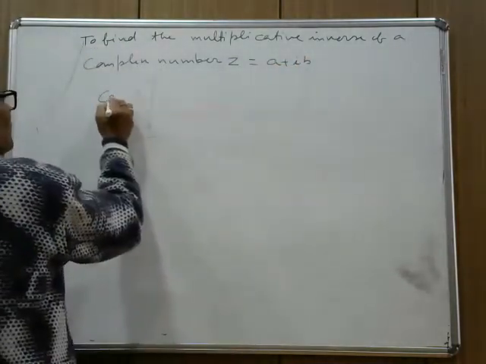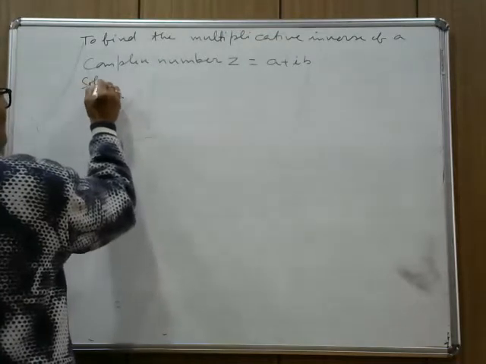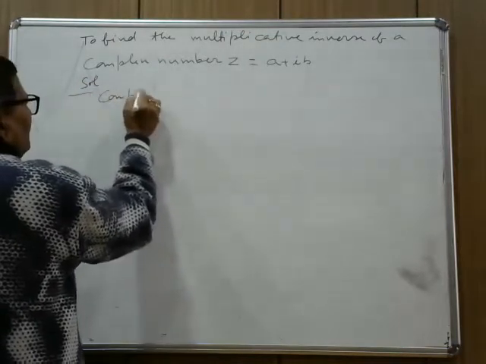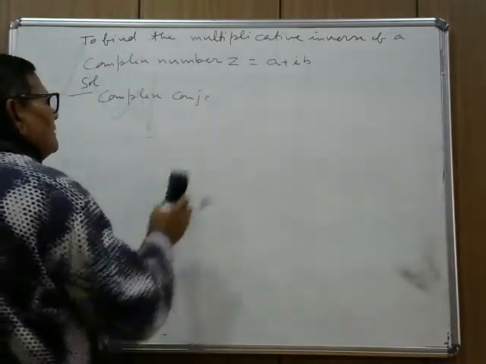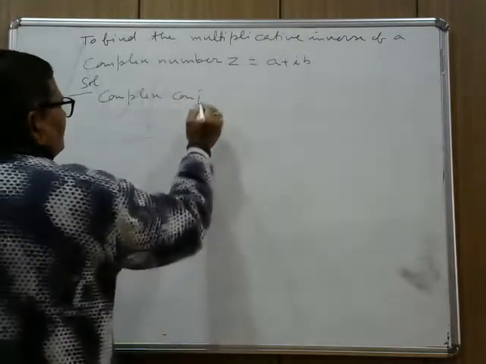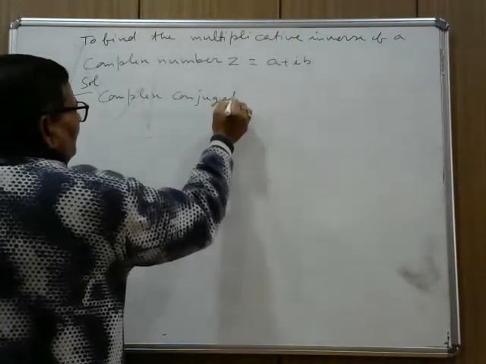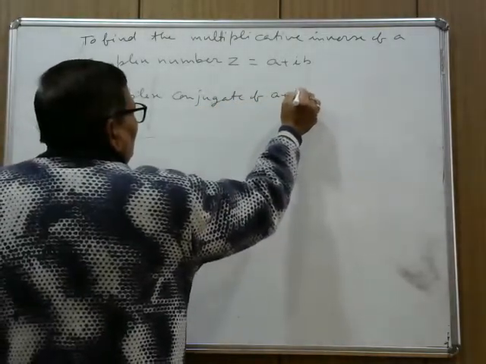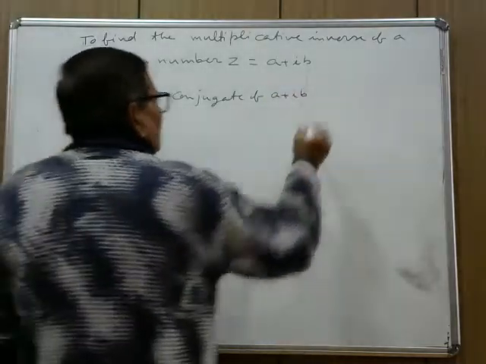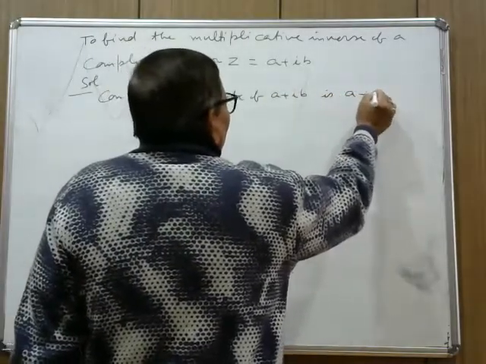Now the complex conjugate of a plus ib is a minus ib.